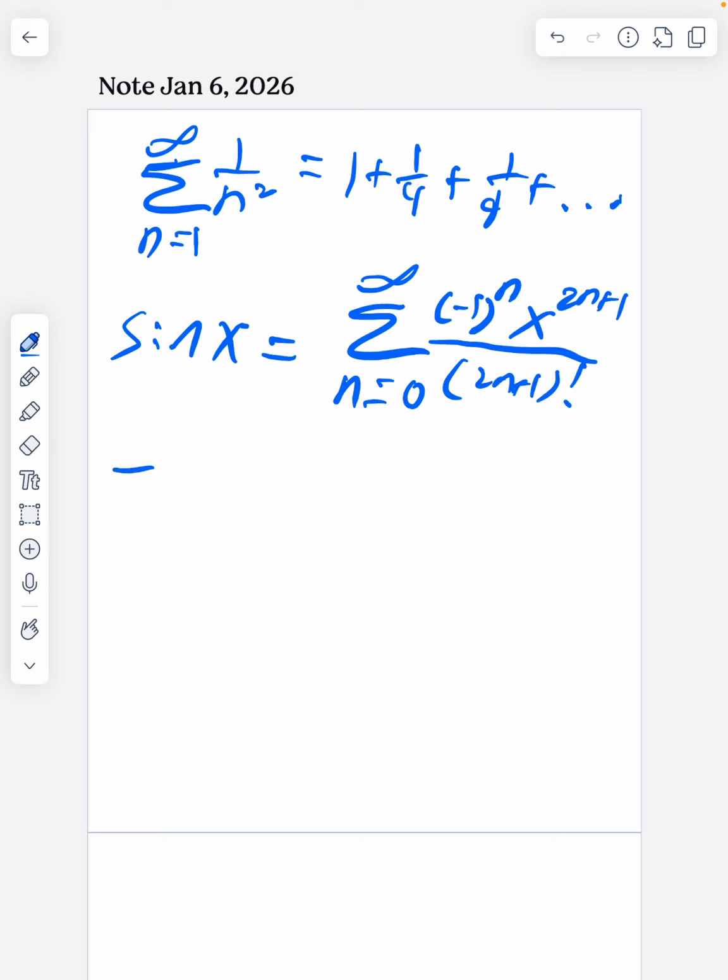And if you start listing out terms, the first term is x, you plug in 0. Then it's going to be minus x cubed over, I'm just going to write 3 factorial instead of 6. Then it's going to be plus x to the 5th over 5 factorial, and so on.